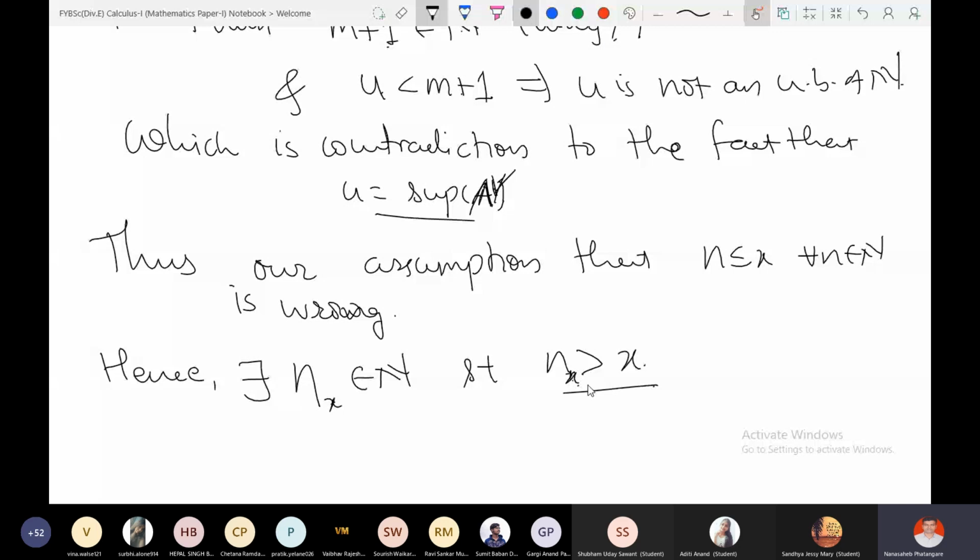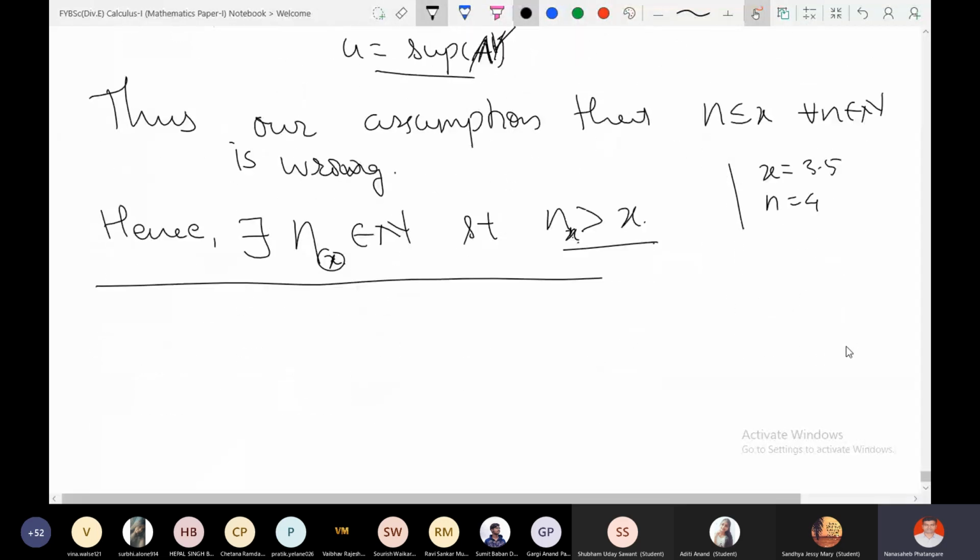Why am I saying n suffix x? Because if I take x equal to 3.5, then what n can I select? I can select n equal to 4, 5, whatever. No restriction, right? But if I take x equal to 10.3, then what n do I select?